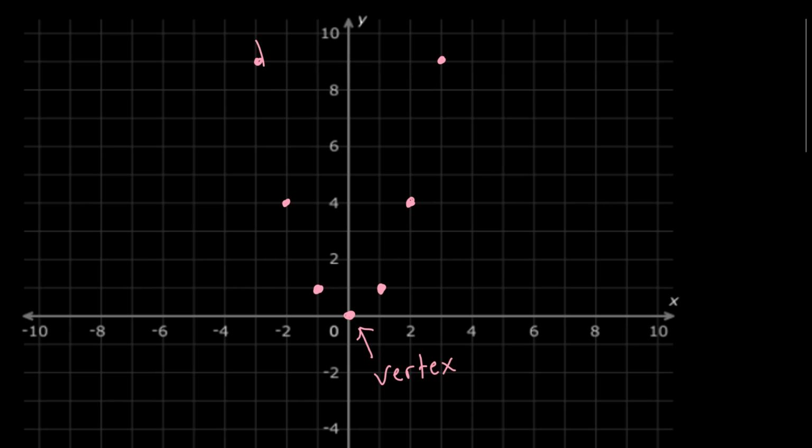And we can connect those points on the graph to create our parabolic shape, our quadratic. And there it is. That's our parent function, y equals x squared.